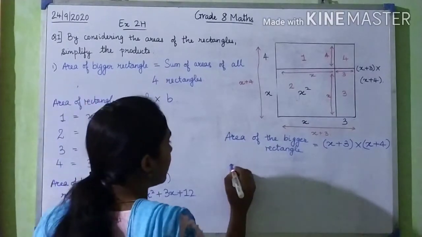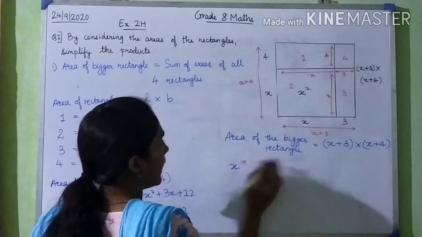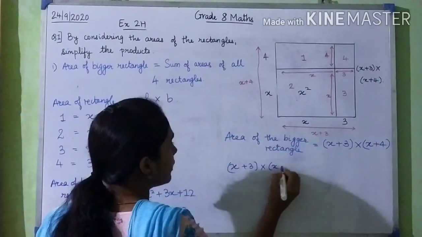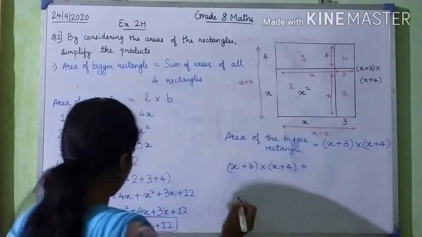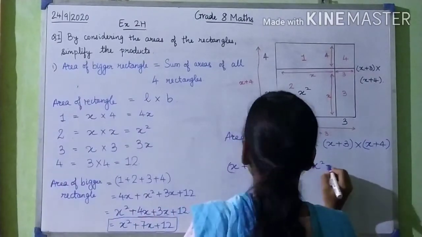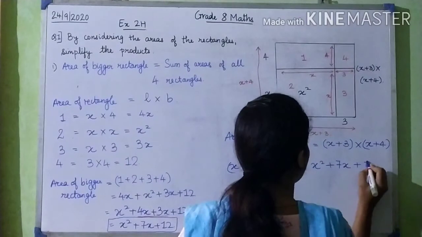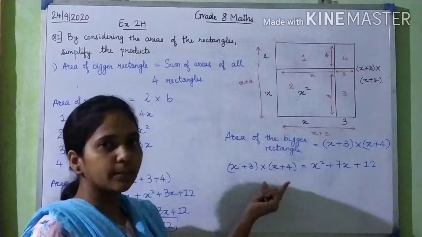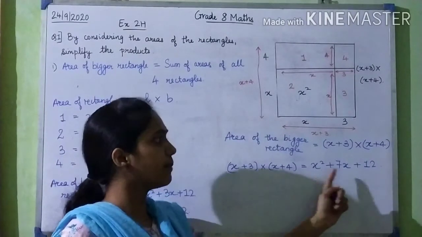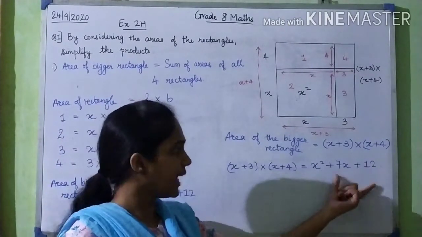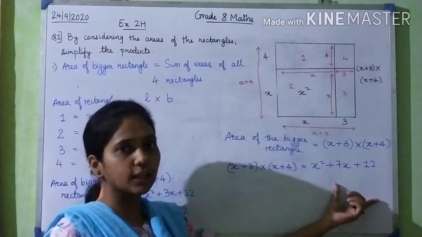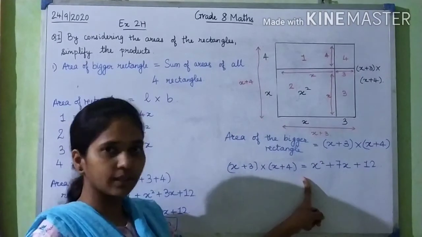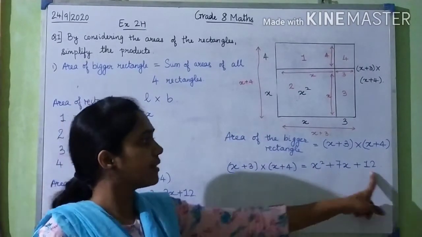Okay, so we get x plus 3 multiplied by x plus 4 is equal to x square plus 7x plus 12. That means this and this are equal. That means when we solve this product, we get this answer.